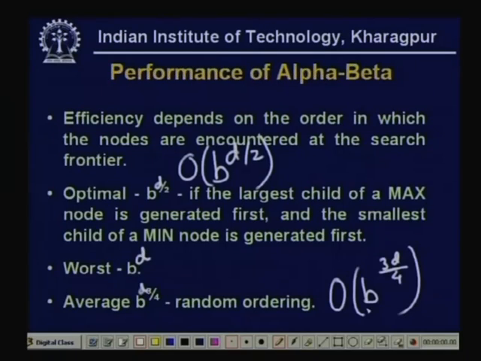Okay, which actually means that if, due to our resource limitations, we can do a d-ply search with minimax, we would be able to do a 4d by 3 ply search using alpha beta, assuming random node ordering.